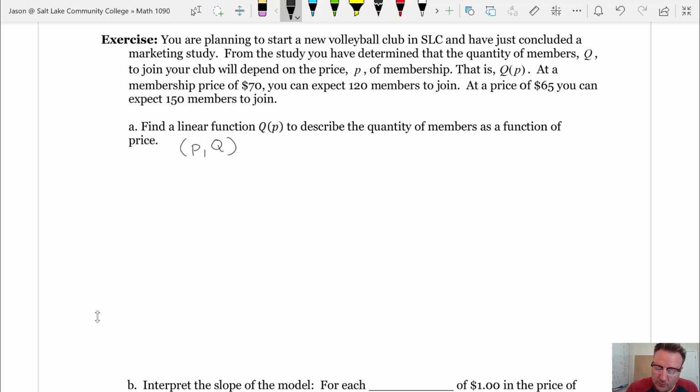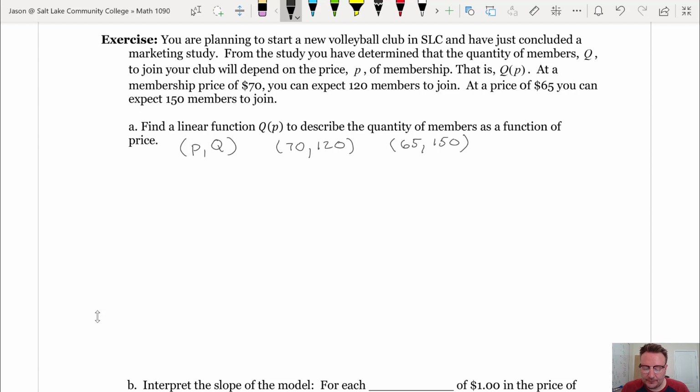So the first one will be, what was it? At a price of $70, we can expect 120. The quantity of members will be 120. And at a price of $65, we expect 150 members to join.